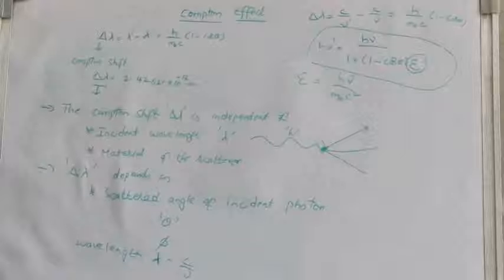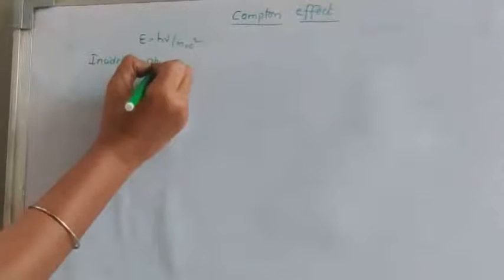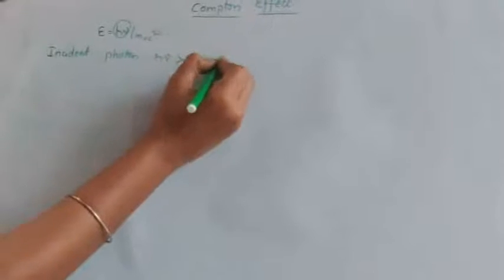Now, as we have considered epsilon is equal to h nu by m e c square, for very large incident photon energy, we know that the incident photon energy is h nu. Now, if this h nu is very much larger than the denominator term, that is m e c square, then the energy of the back scattered photon approaches half m e c square.